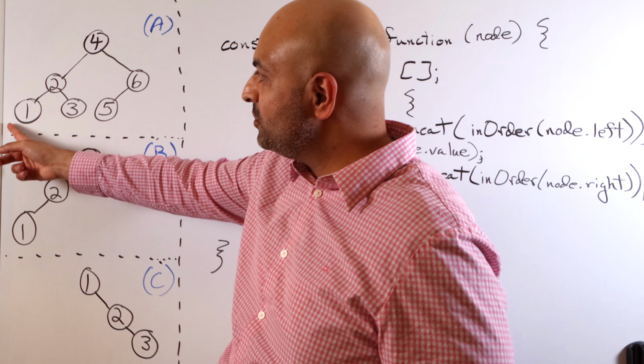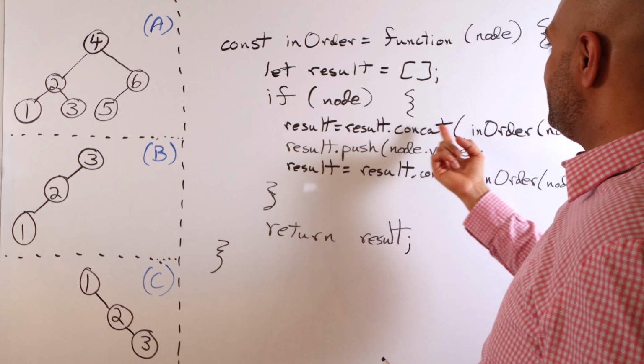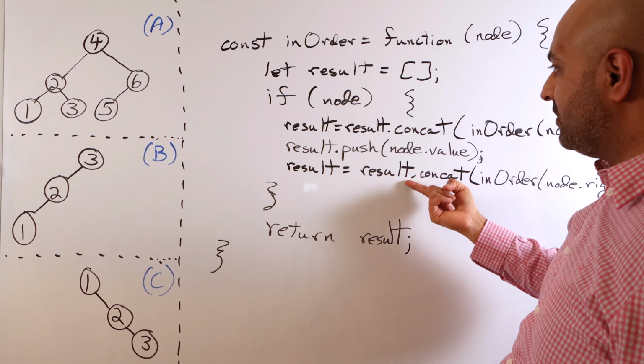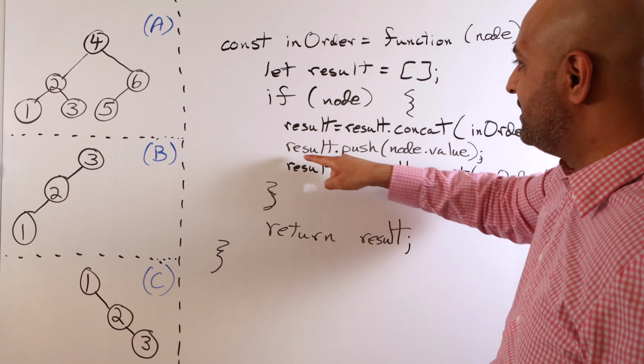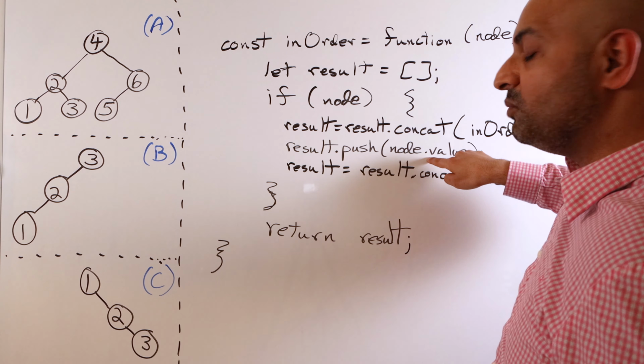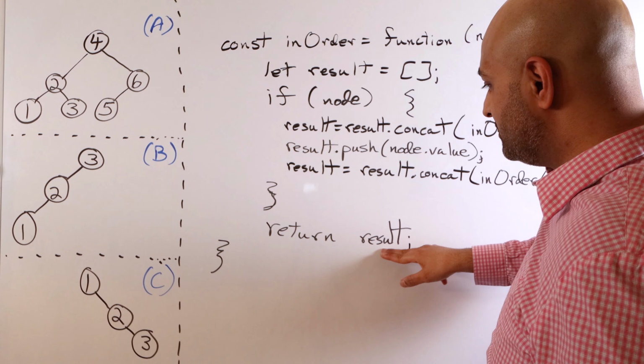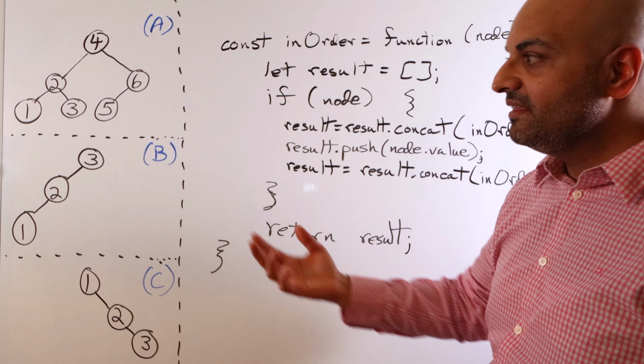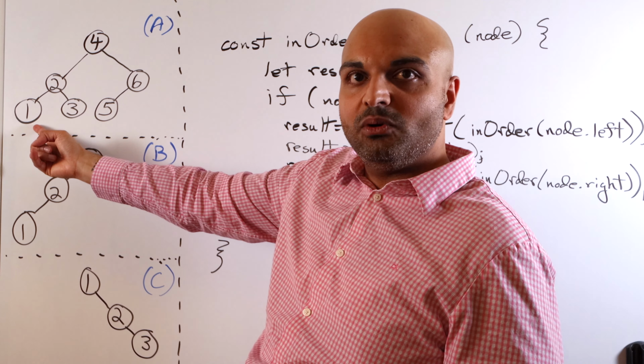Namely, 1 has no left or right child. So when these two lines get called, they're both going to return empty arrays. But result.push is going to push a value of 1. So when this return result happens, it's going to be an array that simply has the value of 1.